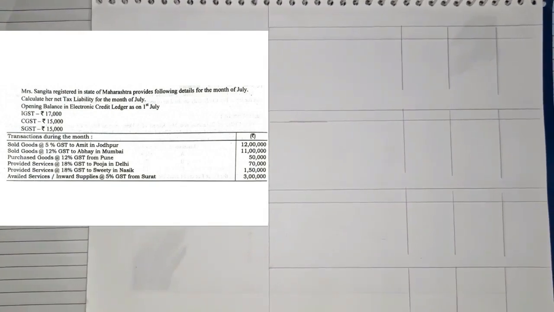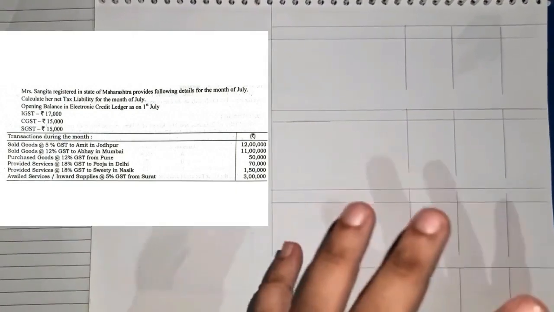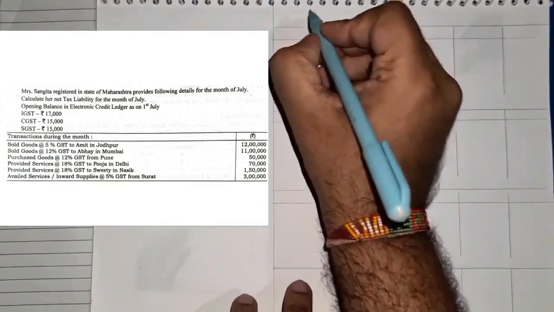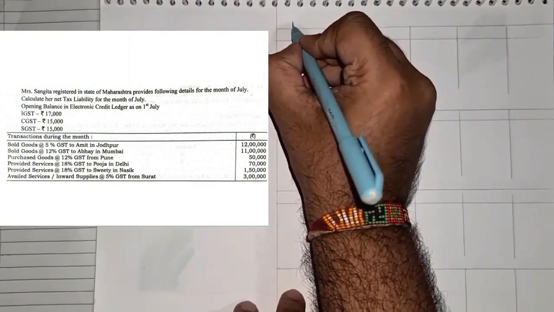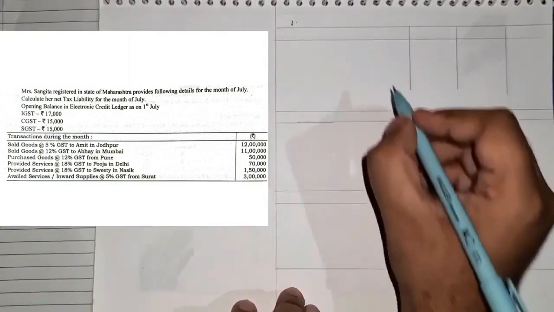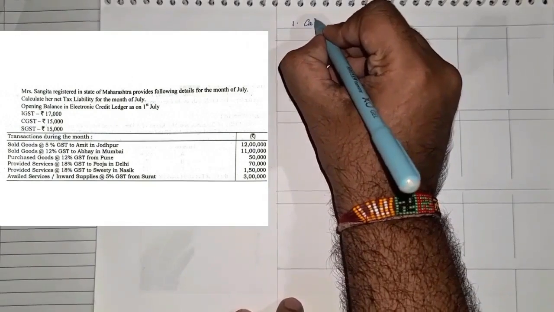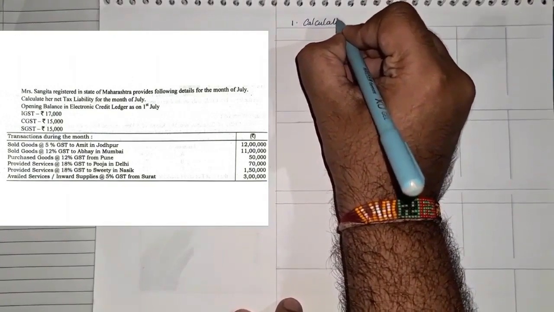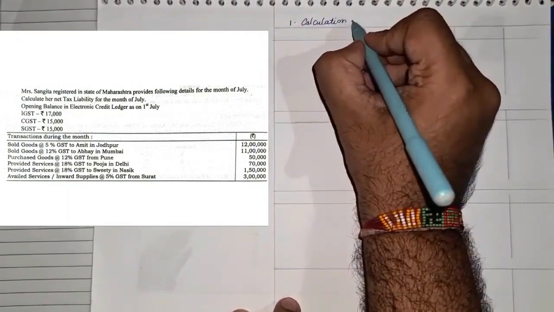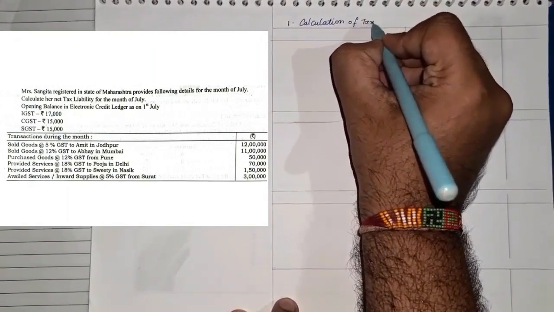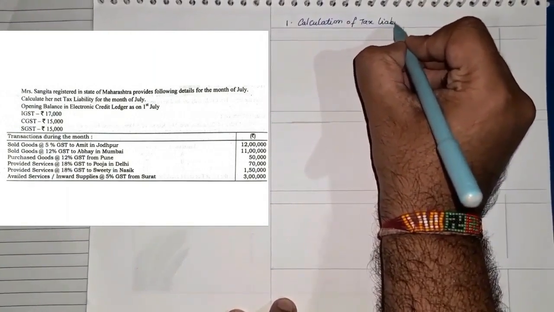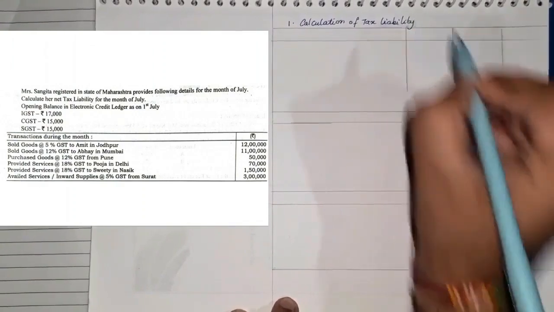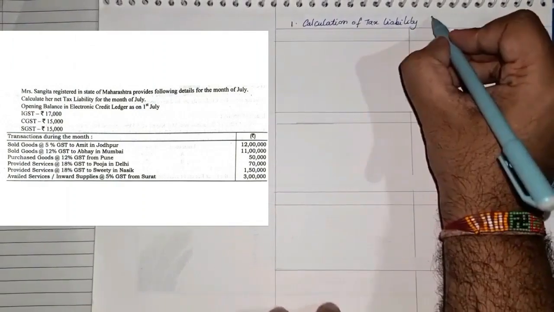The very first step that we need to note down, remember the headings. We are finding the tax liability. Number 1, the first heading will always be calculation of tax liability.